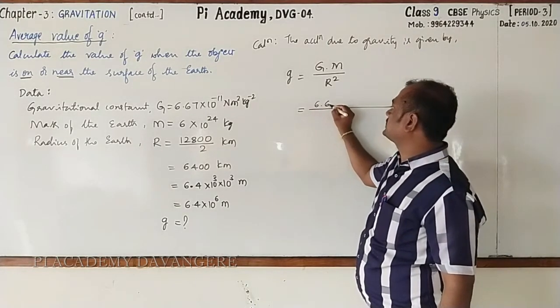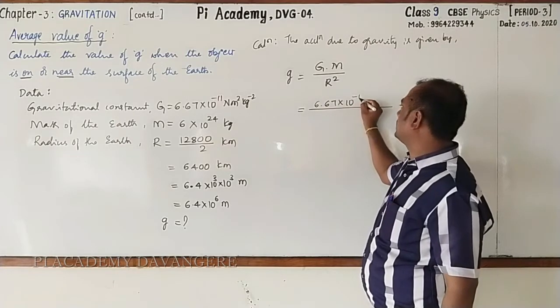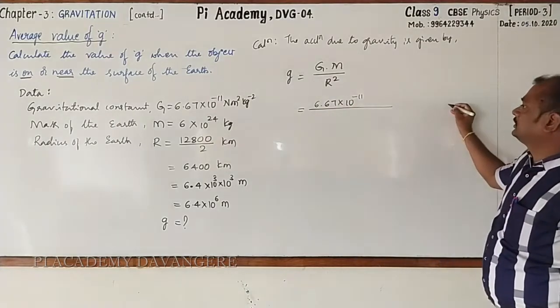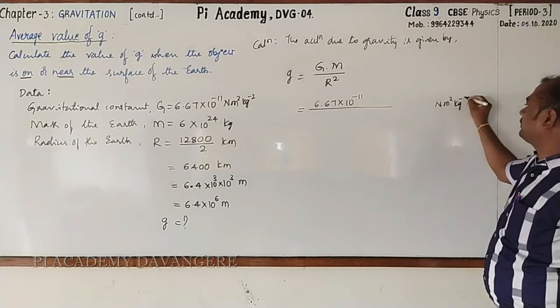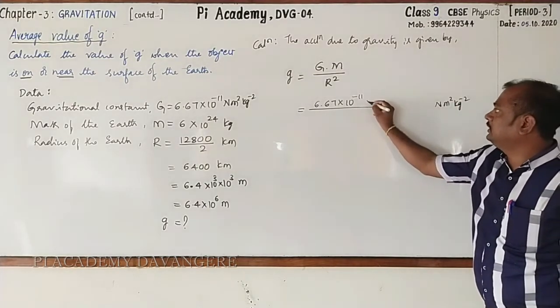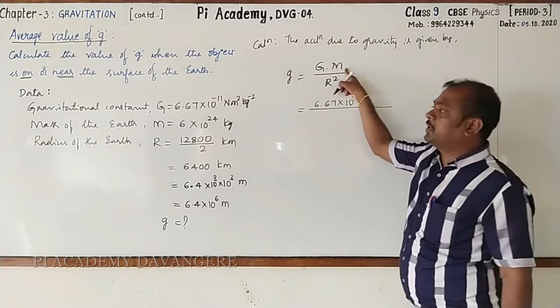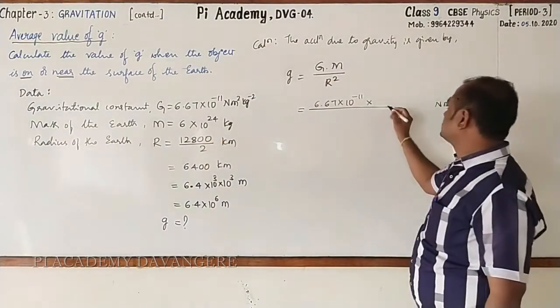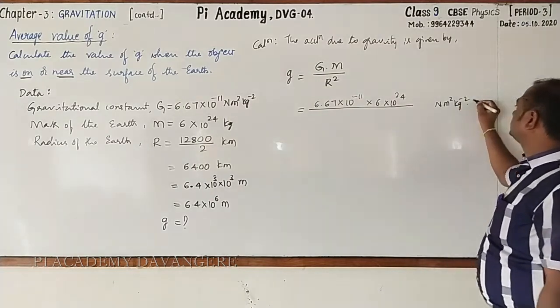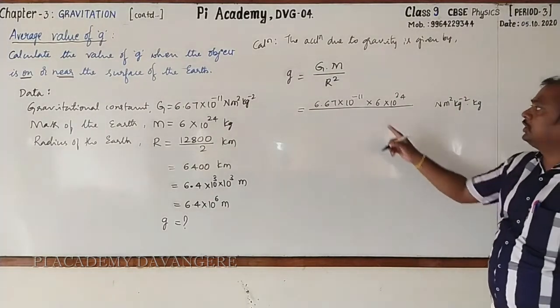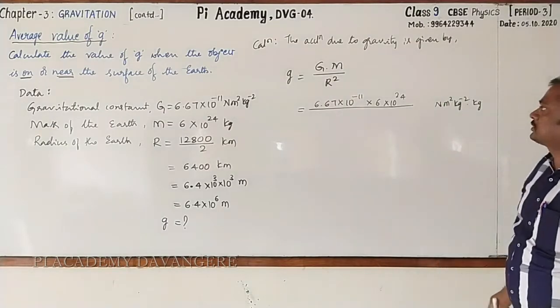It is 6.67 × 10^-11 N m² kg^-2. Then M, the mass of the earth, is 6 × 10^24 kg, whole divided by R².